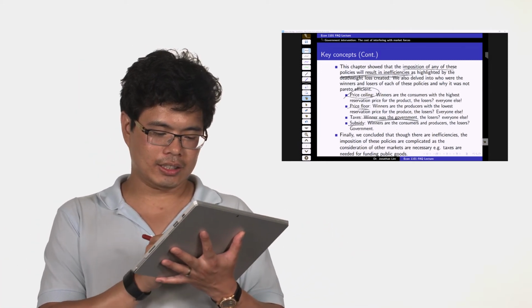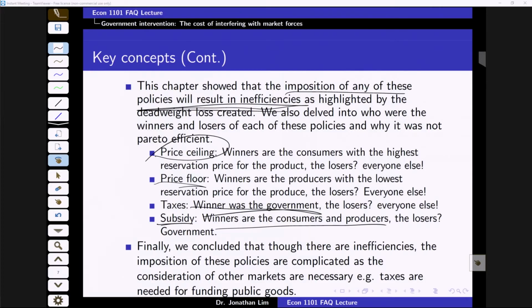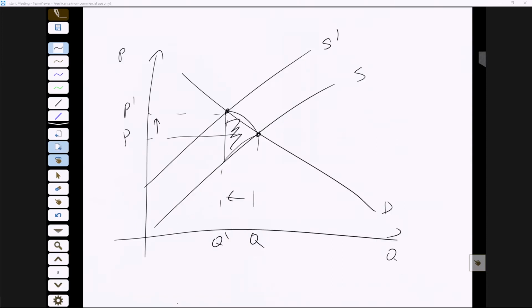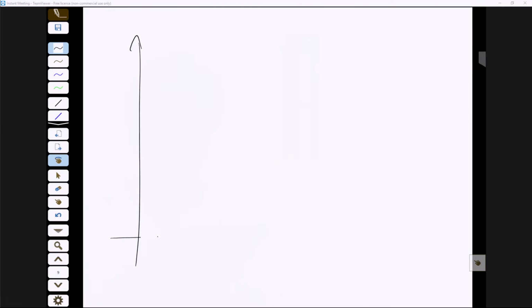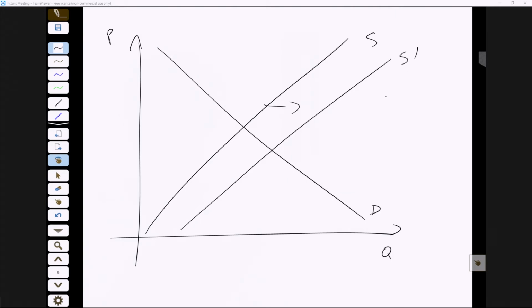And with the subsidies, the winners are the consumers and producers. So with the subsidy, you were doing the opposite. You have S and then D, and then you have a per unit subsidy, which shifts it out.